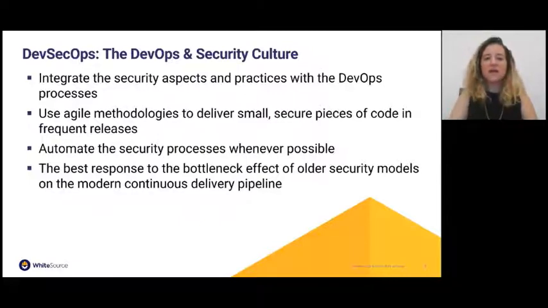So basically the idea is to use any methodologies that are already used in DevOps. We usually speak about agile, we speak about delivering small pieces of code, and the idea here is really to bake the security aspect into the development lifecycle. Again, we're speaking about DevOps in general.